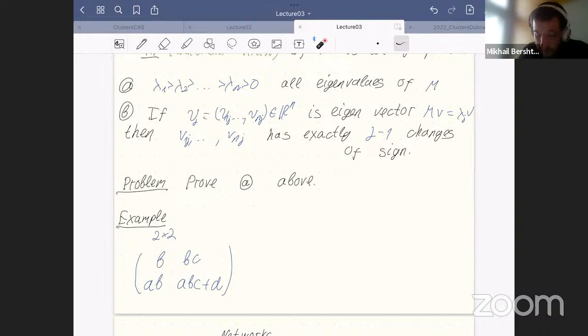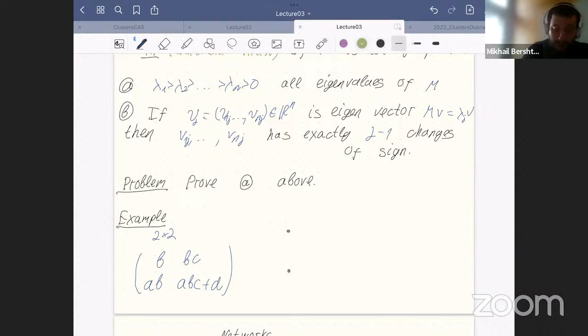And actually a similar parameterization exists for the 3 by 3 case. Maybe I will not write it for speed, but I want to pose two natural, at least algebraical, questions.